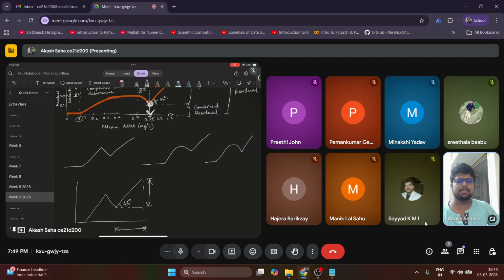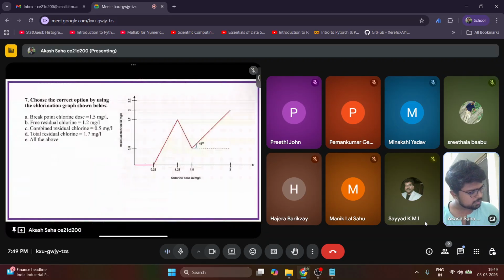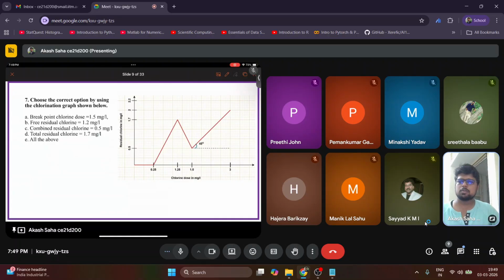You can take either of the lengths. This length also you can take. So this is also 3 minus 1.5, which is 1.5. So A and C are correct.